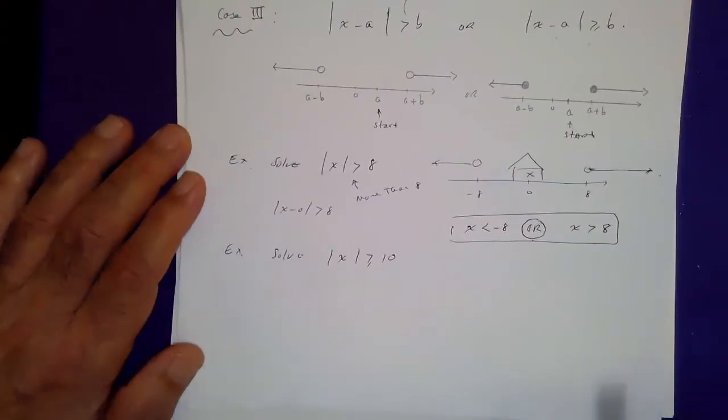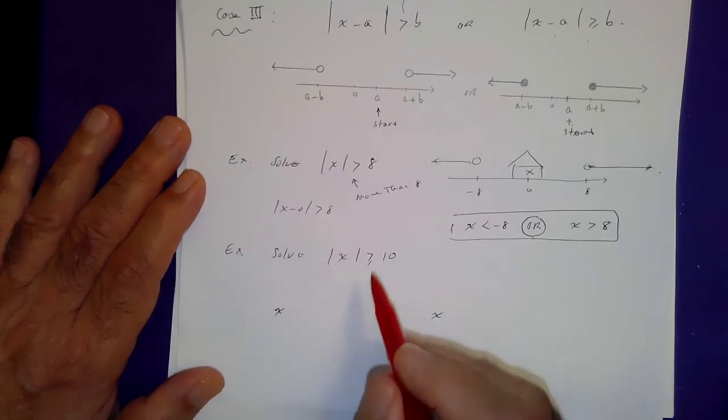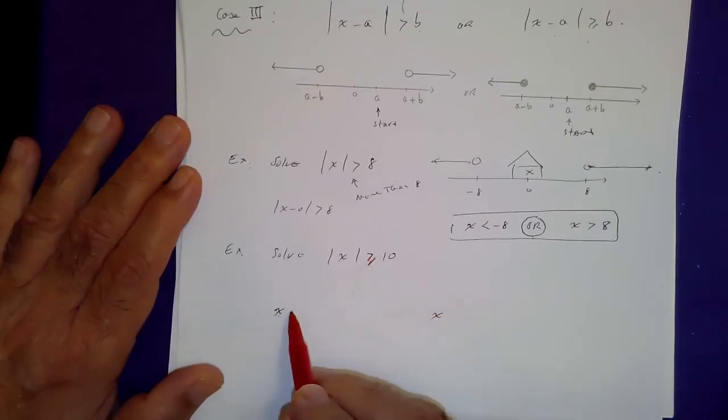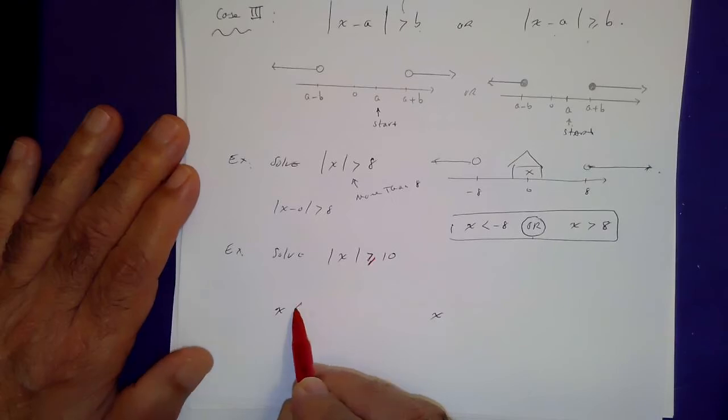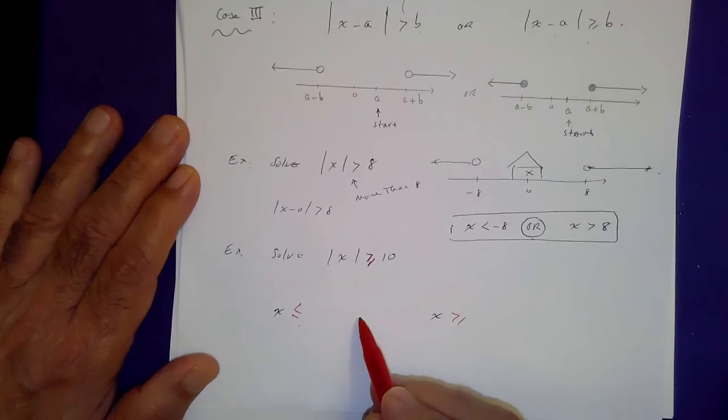What are the steps now? Well, the steps are: write x twice. This is greater than or equal to. Take two inequality signs, one less than or equal and one greater than or equal, and make sure you connect these two solutions with the word or.